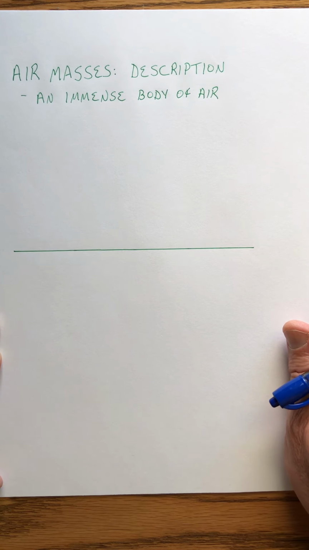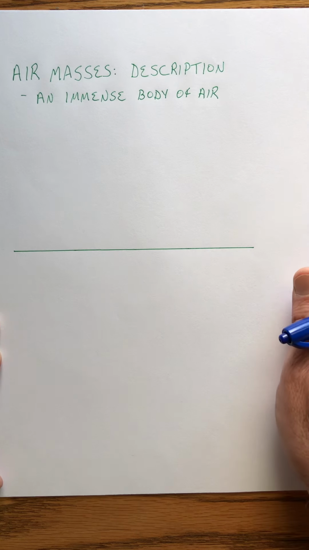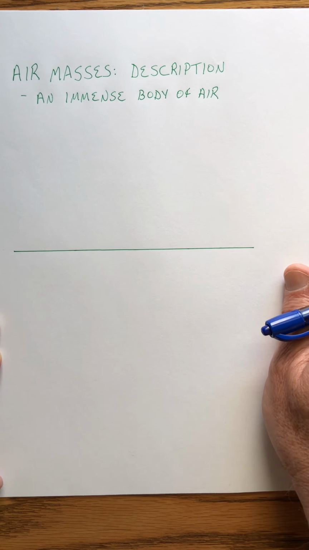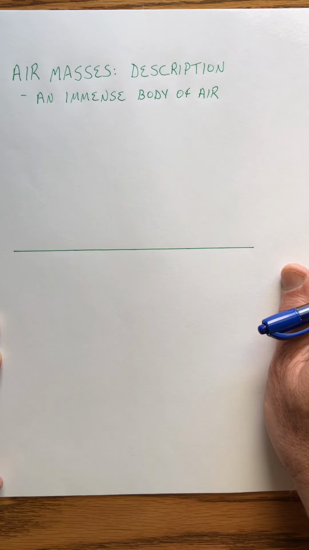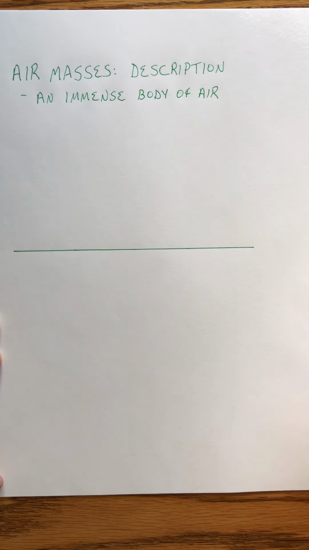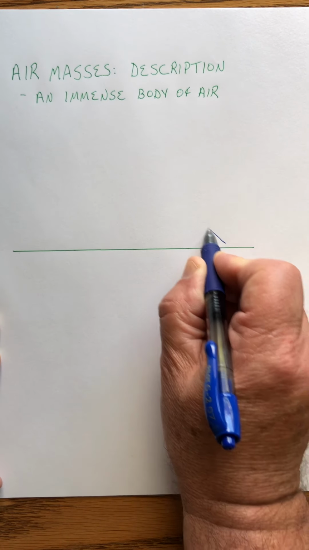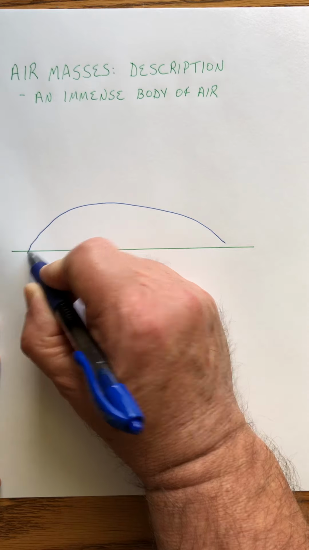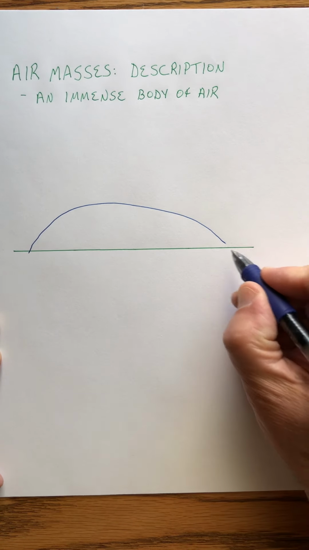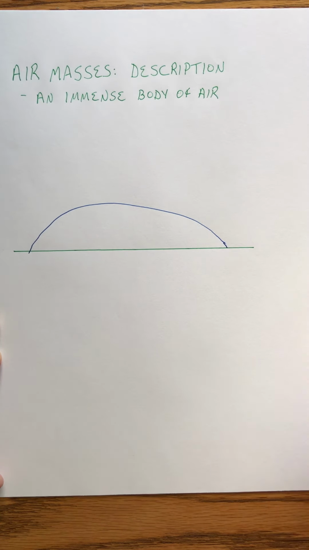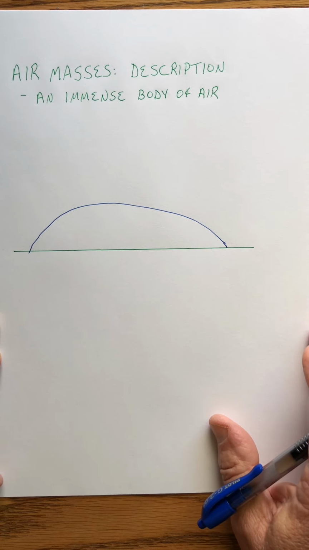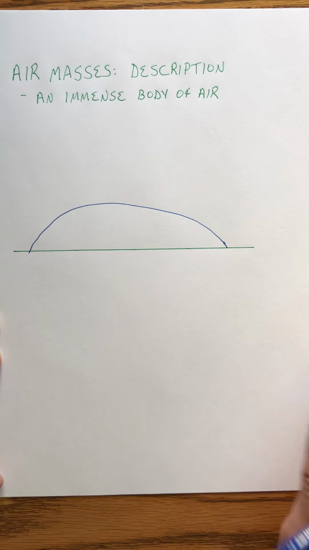With air masses, it is just this immense body of air that has properties of temperature and moisture associated with it. If you look at a surface, you can imagine it as being kind of like a bubble of air, a little different than the air parcels that we've been talking about as bubbles of air.